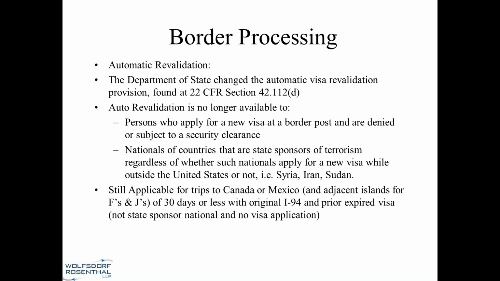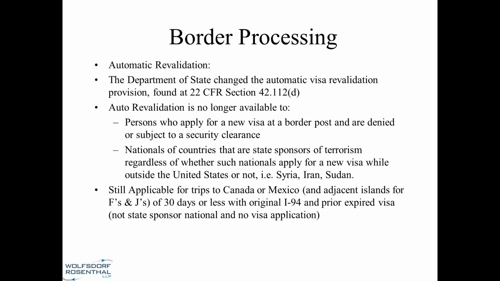But let's say you travel to the U.S. and you want to take a short trip to Mexico or Canada. Automatic revalidation will still permit you to return back with an expired visa, valid I-94, provided that your stay is less than 30 days. You do not apply for a U.S. visa while you're out, and you don't travel outside of those countries, and you're not from a state sponsor of terrorism country, you still might be eligible for automatic revalidation.